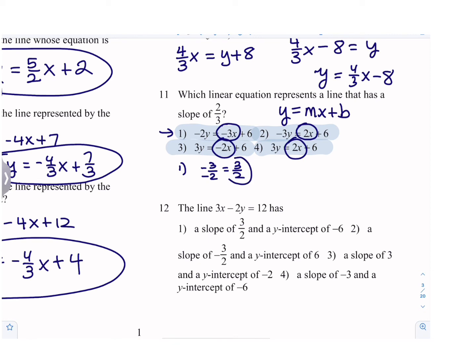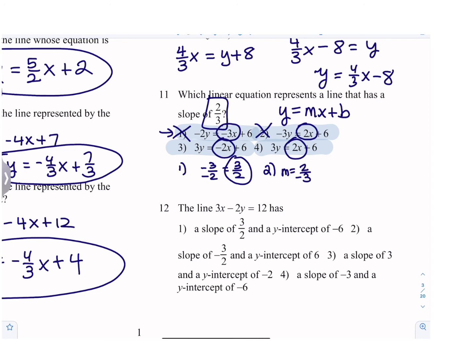Okay, so that's not a slope of 2/3, which is my goal. So choice number 1 is not the right one. If I look at choice number 2 and divide everything by negative 3, the number in front of x is going to be 2 divided by negative 3. And that's not the slope I want, because it's negative. So choice 2 is not going to work for us.